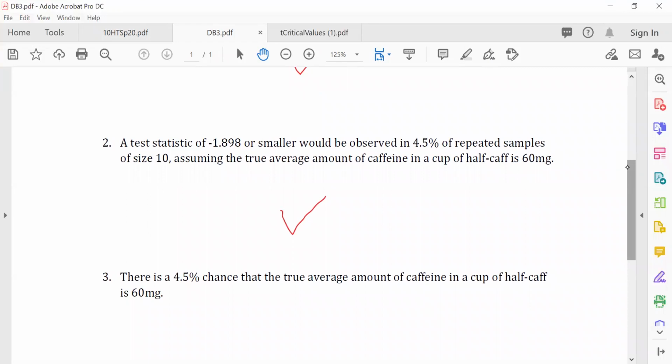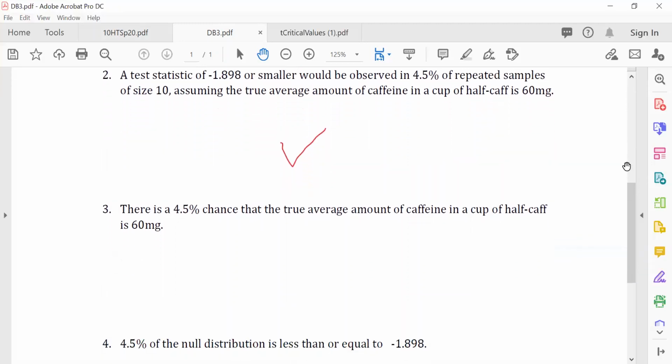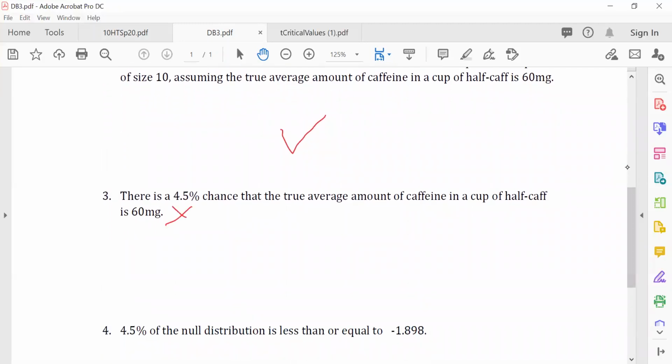The third one is the one that is not right. So this one is wrong. What's wrong with this? It says there is a 4.5% chance that the true average amount of caffeine in the pond is 60 milligrams. What is actually implied in a sentence like this?